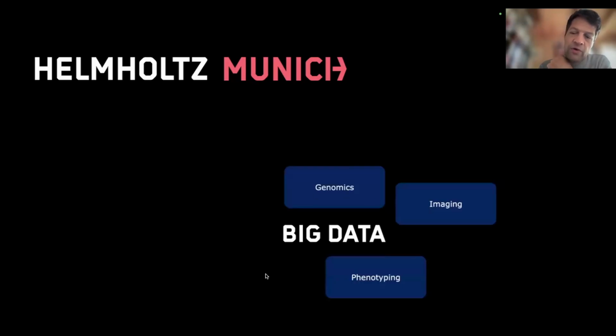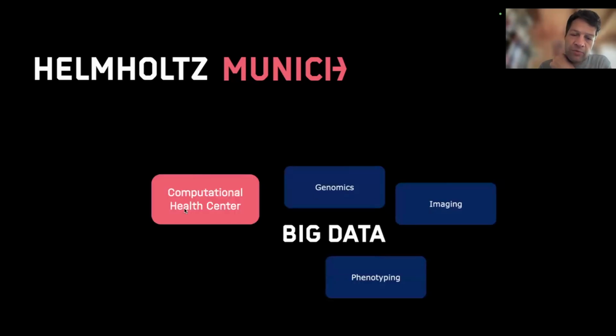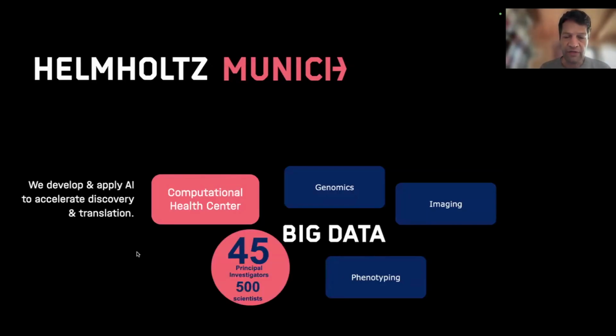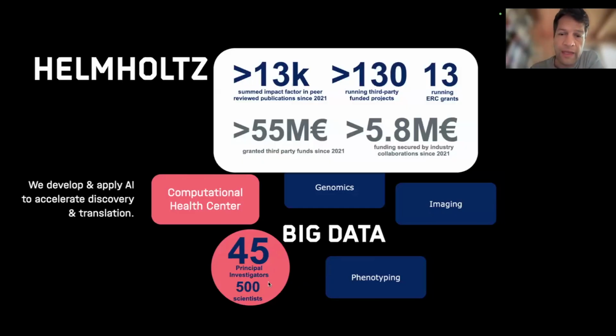We work on all kinds of omics and big data, and the Computational Health Center that we set up here in Munich has a mission, as maybe this Turing branch has, to develop and apply AI for discovery and translation. It's been really growing, with now something like 500 scientists and more than 40 PIs. I think it's probably the largest place for this type of health AI research in Europe. So it could be fun to think about angles.